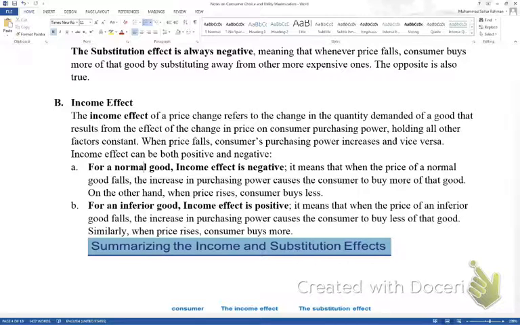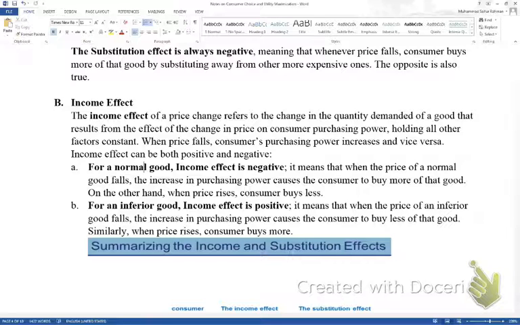Okay, now in case of an inferior good, your income effect is positive. I apologize. For an inferior good, the income effect is positive, which means that if the price of a good goes down, meaning that your income is going up, you buy less of that good.